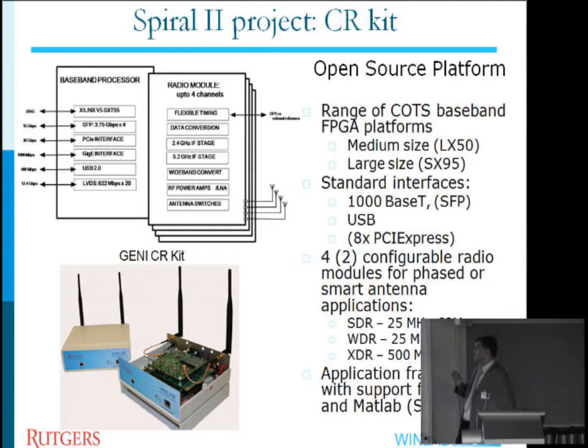And of course, the cost is an issue. So one of the things that we are doing is trying to use as many common off-the-shelf elements as we can. Of course, it's easy with FPGAs, and that's what we are using.